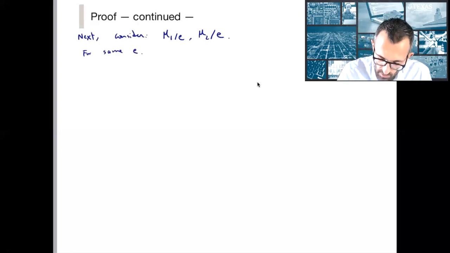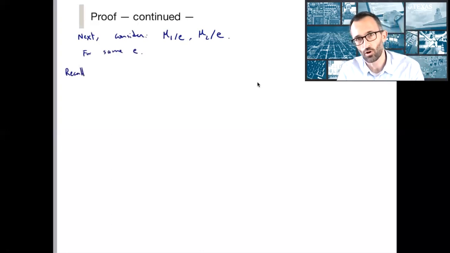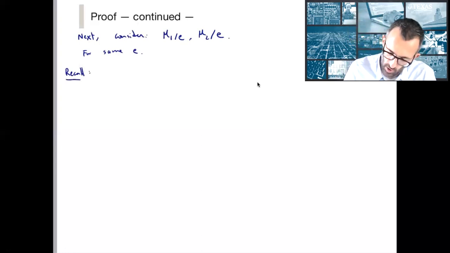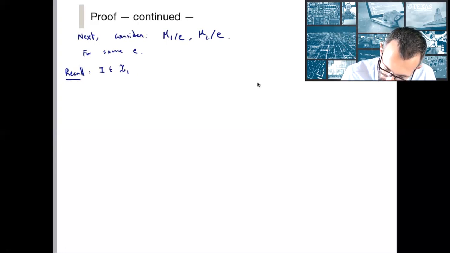Now let me remind you that in this case, the rank functions are a little bit different, as is independence. Independence is not just all subsets, so they're defined differently. So recall that I is an element of I1 in the contracted matroid if and only if I plus E is an element of I1.